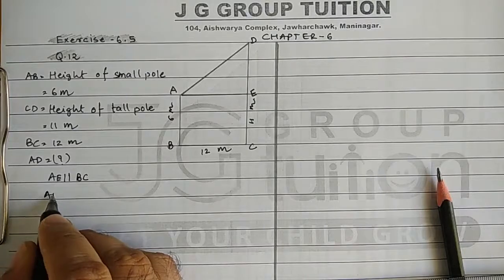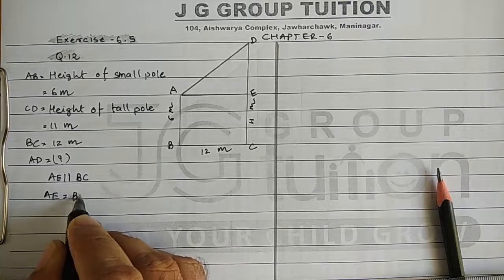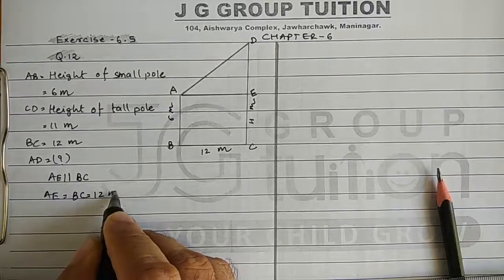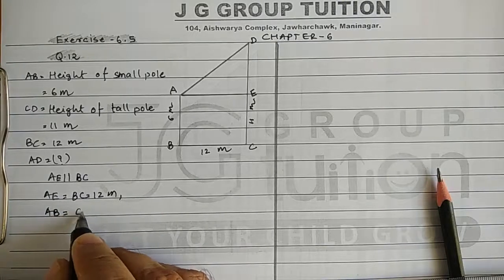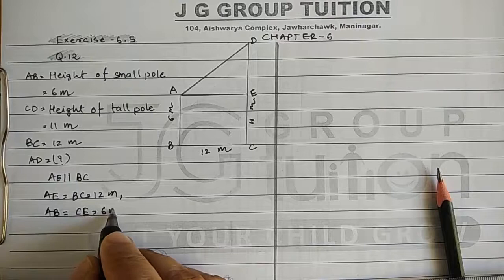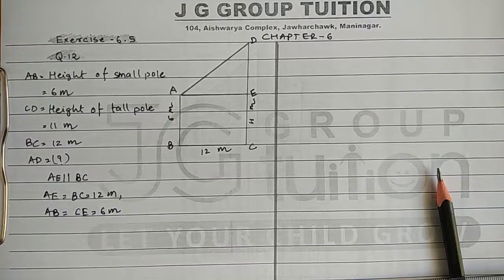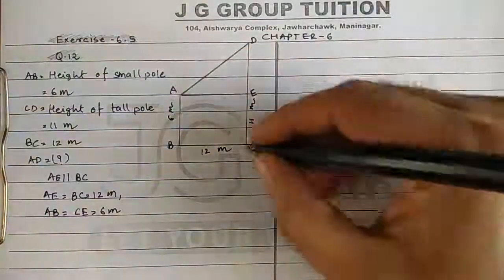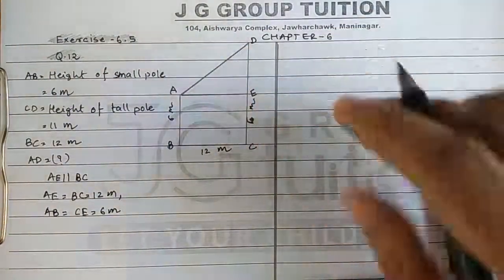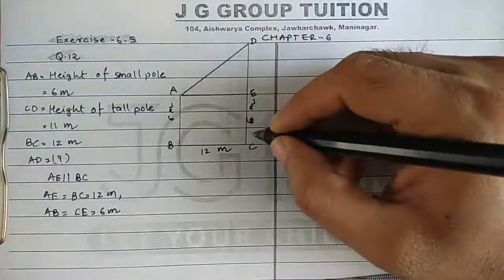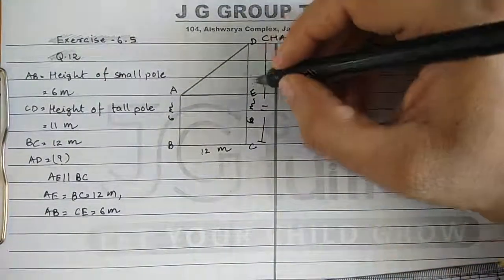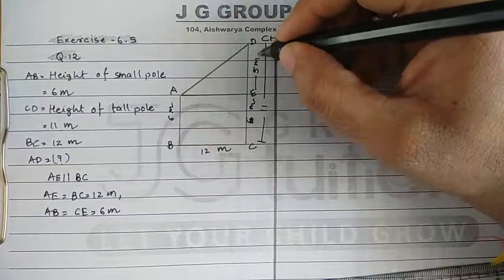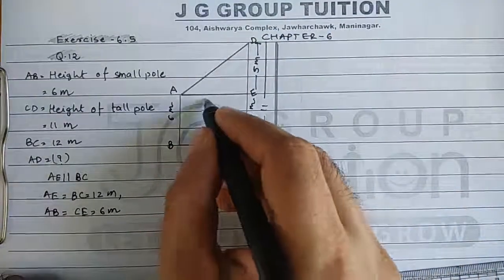So we can say that AE is the same as BC, 12 meter, and AB is the same as CE, 6 meter. See, here it is a very interesting thing. Now you can see the whole length is given. So CE is 6 meter, and the whole length is given as 11 meter, so obviously this length would be 5 meter. This is 12 meter.